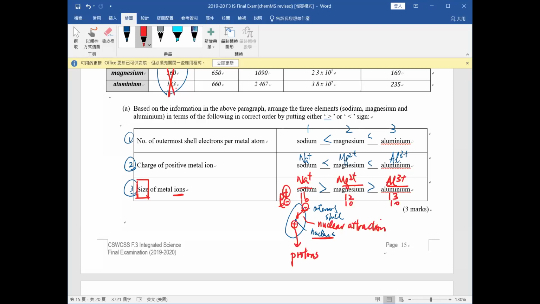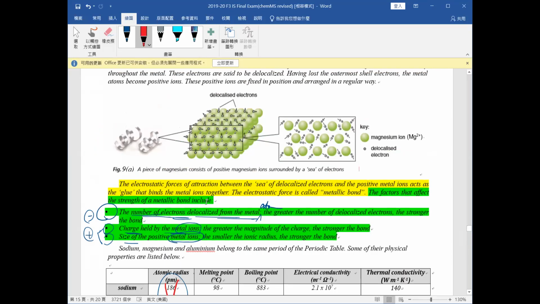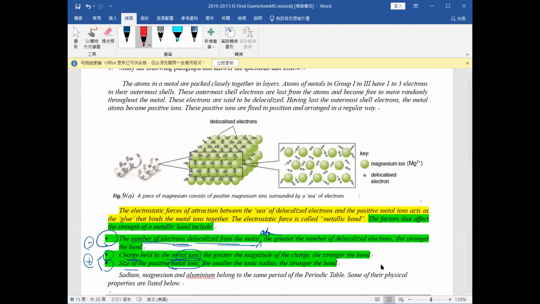So remember, that type of attraction can just occur inside the atom. Okay, remember, the nuclear attraction happens inside the atom. But if you want to talk about the metallic bond, it's different. Metallic bond is that we are now having the attraction between ion and the delocalized electrons.